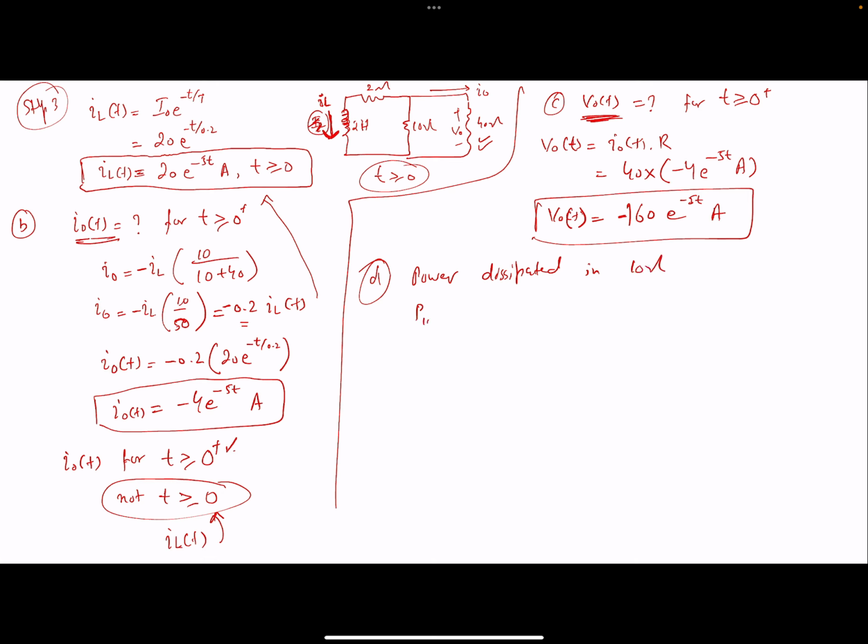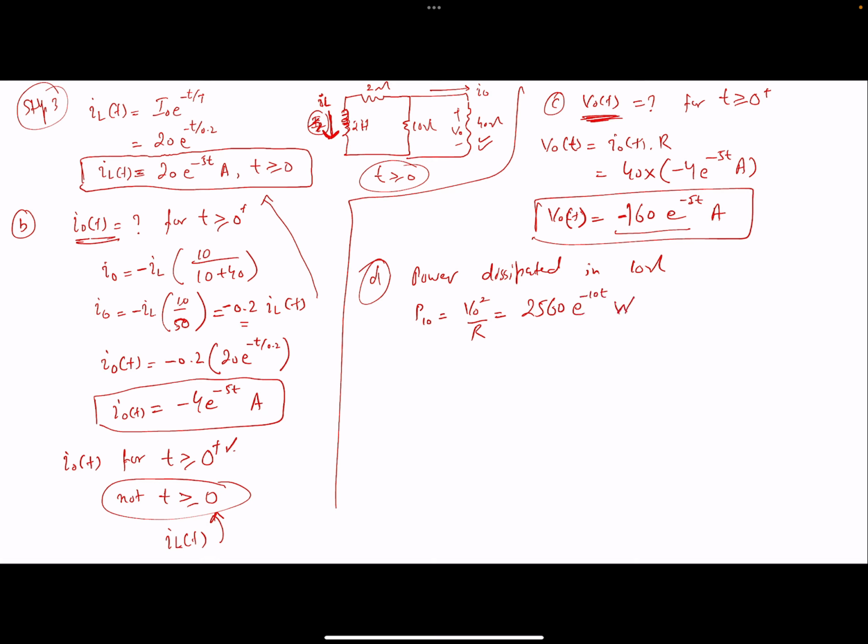You can easily find the power dissipated in a 10 ohms resistor. Again, you can use any of the formulas, VI, I squared R, or V naught squared over R. You already know this value, right? If I take the square of this, 160 squared comes out to be 25600, the negative becomes positive, and e raised to power minus 5t squared comes out to be e raised to power minus 10t.